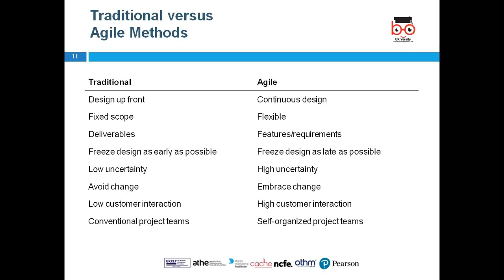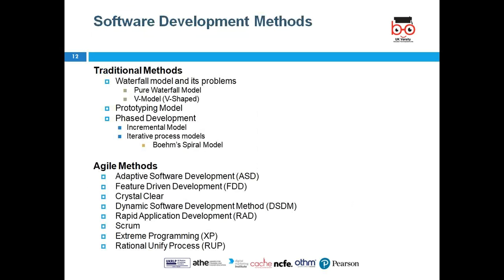But it is more important that you can only choose agile development if you know the traditional methods. Without knowing the traditional methods, you cannot work on the agile methods. Do you agree? Yes, completely agree.